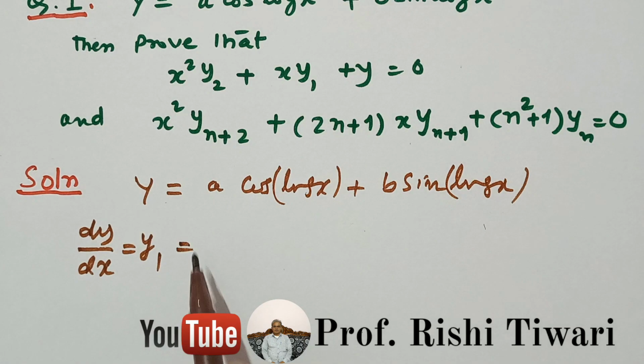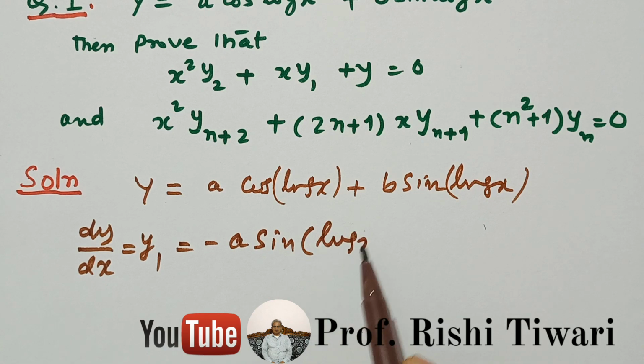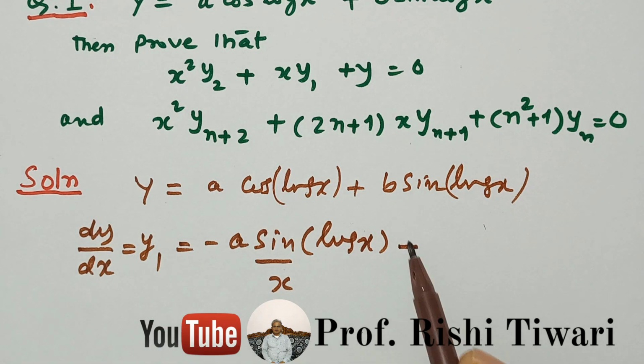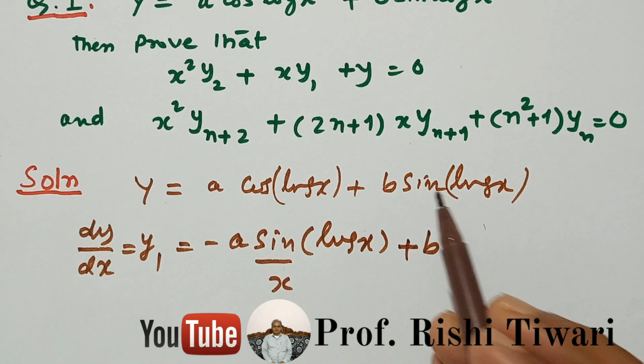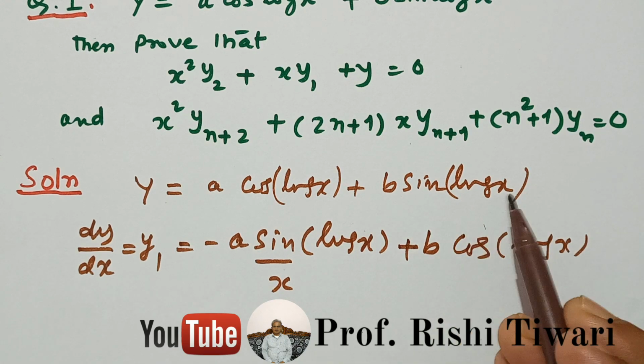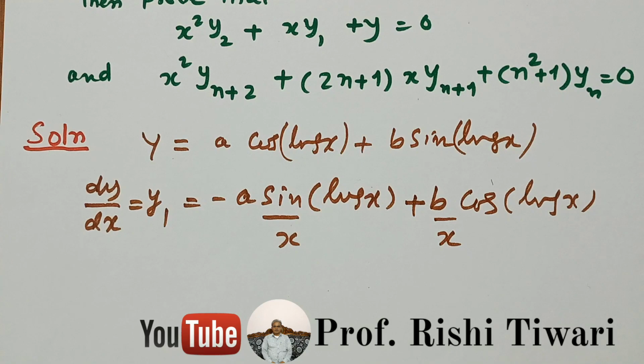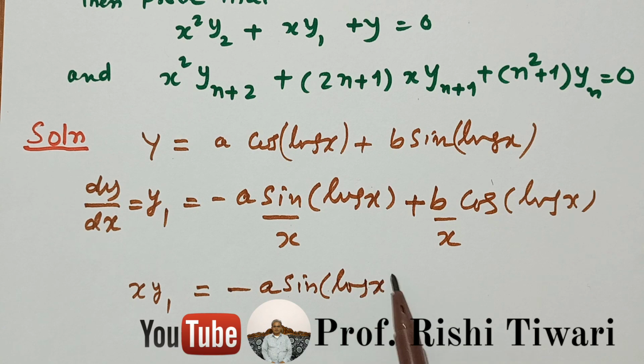So here minus a sin log x times the differentiation of log x, which is 1 upon x, plus b, because b is constant, cos log x, and the differentiation of log x is again 1 upon x. Now multiplying by x on both sides, we get x y1 equal to minus a sin log x plus b cos log x.